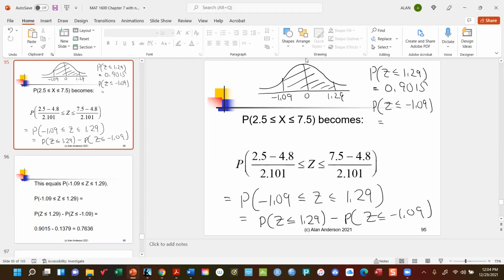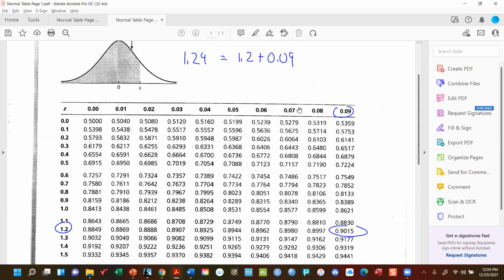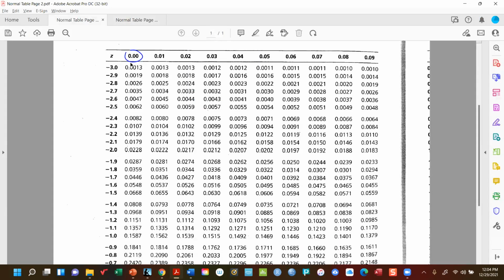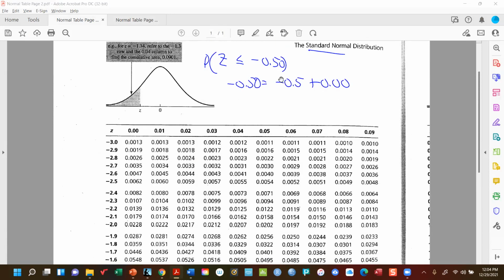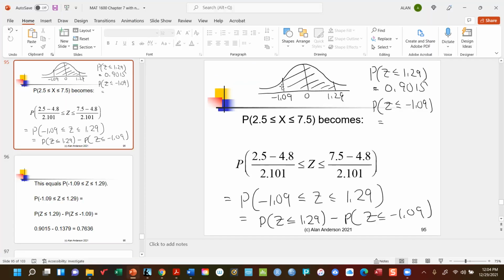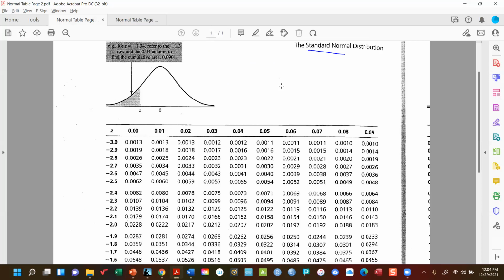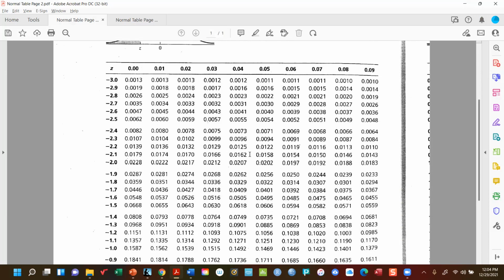How about the negative 1.09? All right, let's find out. So we need negative 1.09. And so let's see if we can find that here. Yeah, here we go.